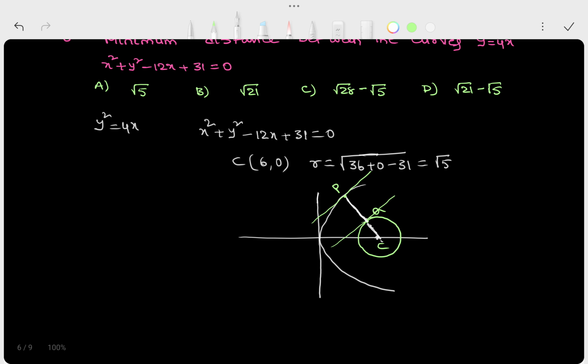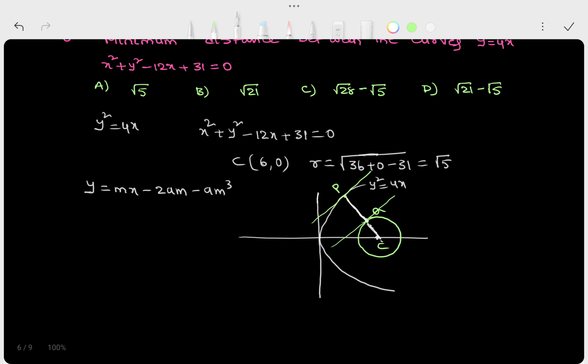So first, the curve equation is y square is equals to 4x. What is the equation of the normal in terms of the slope m? That will be y is equals to mx minus 2am minus a m cube. This is the normal equation.